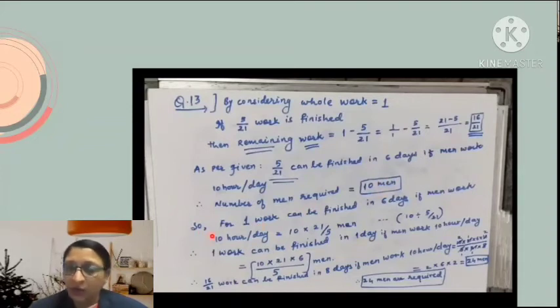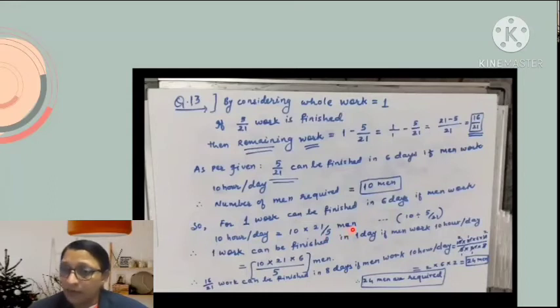So here we can find out the number of men from the given information. For one work to be finished in 6 days if men work 10 hours per day, the number of men is equal to 10 divided by 5 upon 21. So this we can write as 10 multiplied by 21 upon 5.